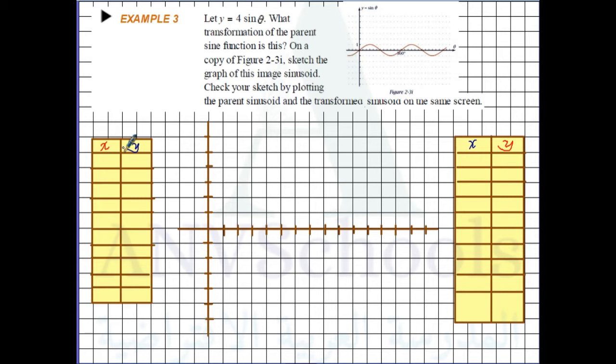So let's use theta from 0 to 720 degrees, so that this is a 2-period graph.